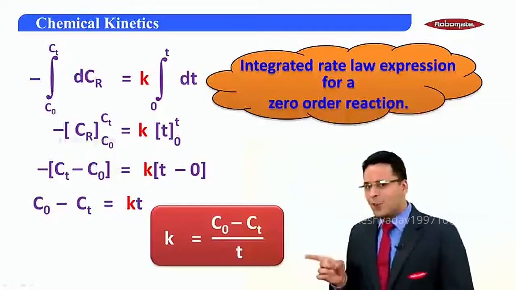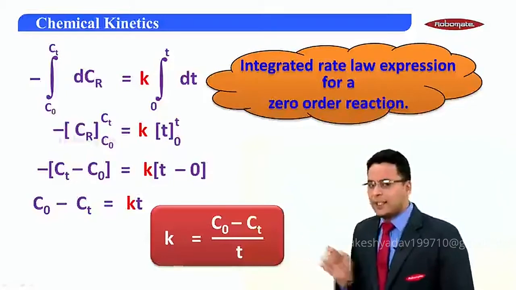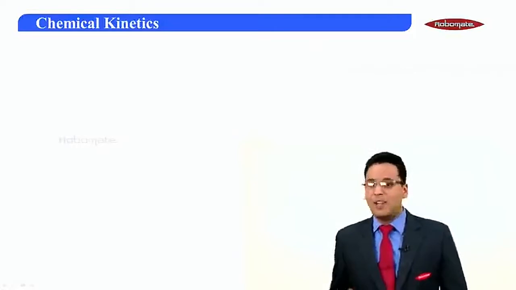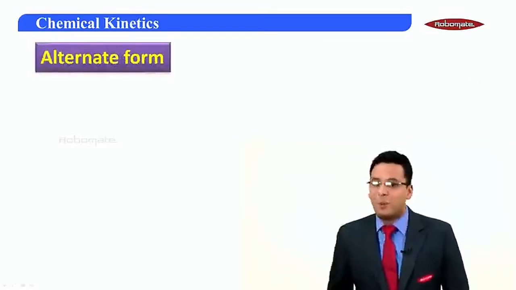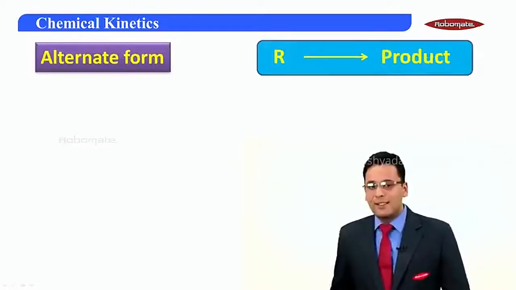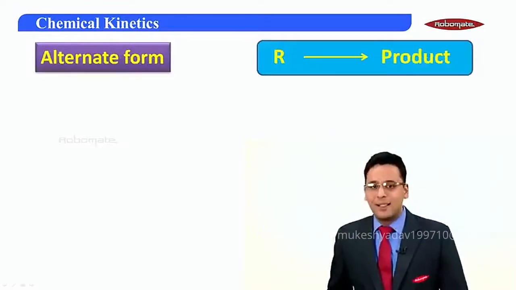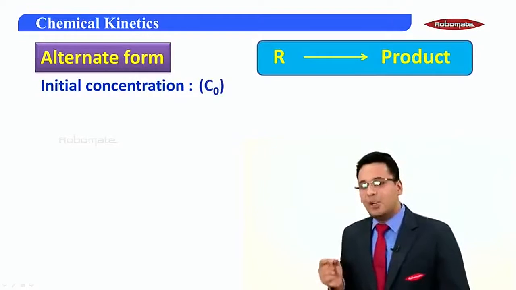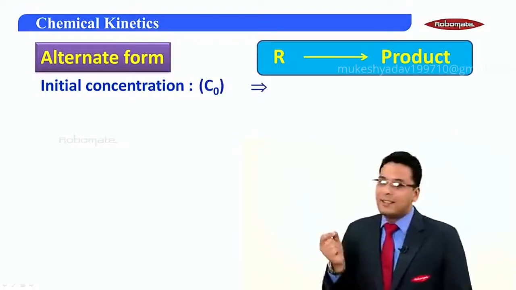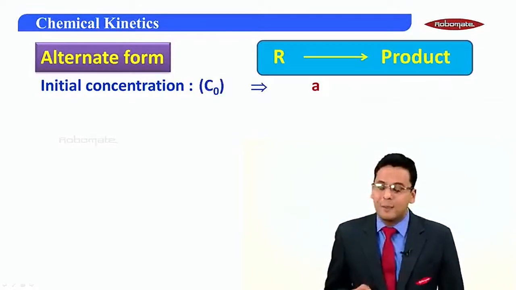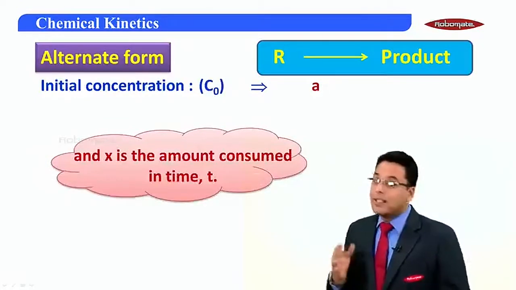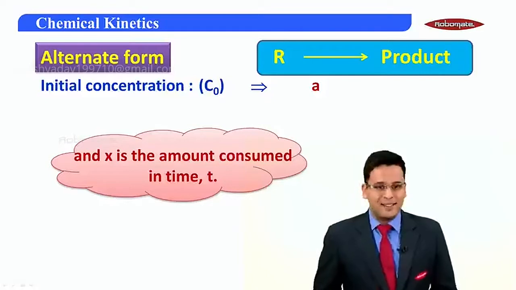Now when we take this equation, the integrated rate equation for zero order reactions, we can also write some of its alternate forms. For instance, if this is the reaction, reactants are giving products. The initial concentration is C0. Let's take it as a. And let us say x is the amount consumed in time t.